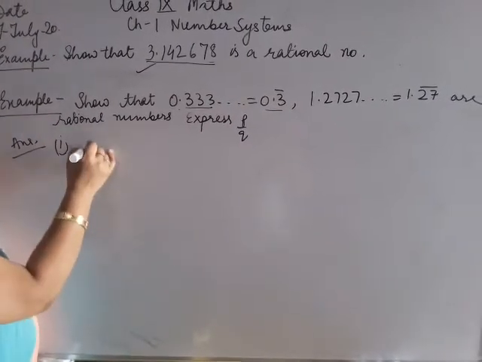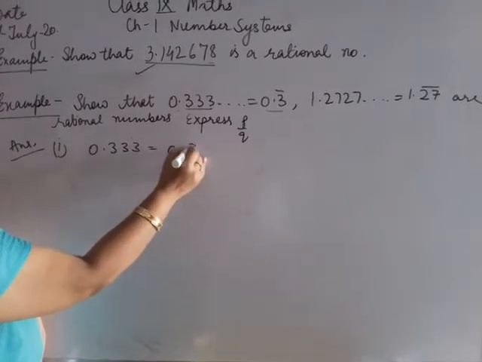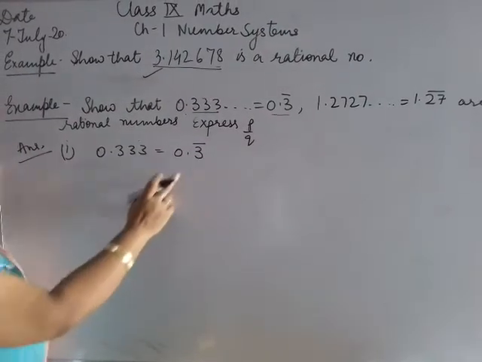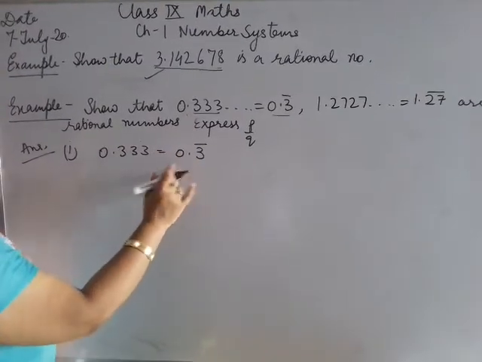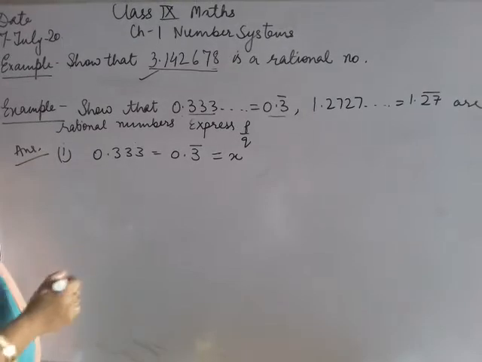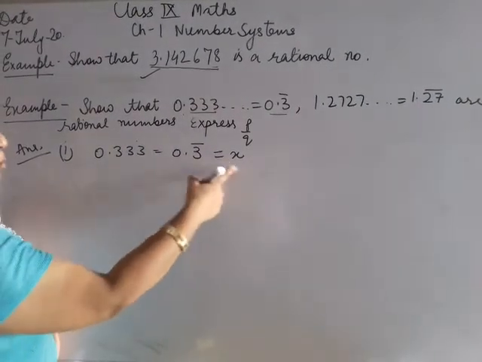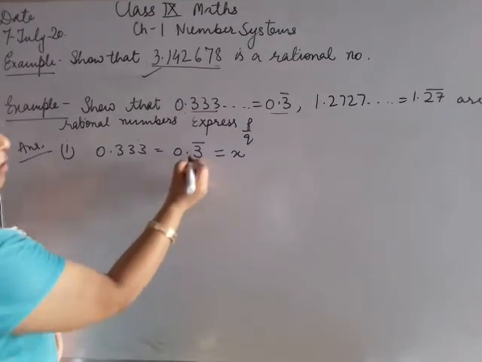For the first part, 0.333, which can be written as 0.3 bar. Okay. Now 0.3 bar, we do not know what kind of number this is. So let us assume that this is equal to x. Now the next step is to multiply both sides by a multiple of 10 basically.